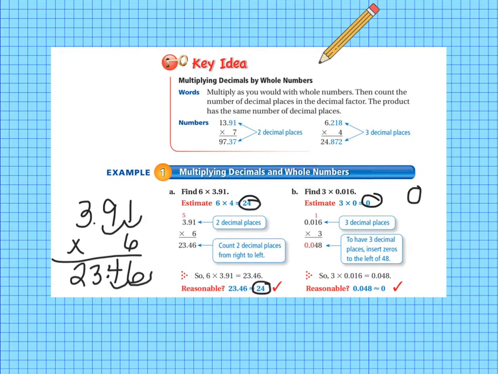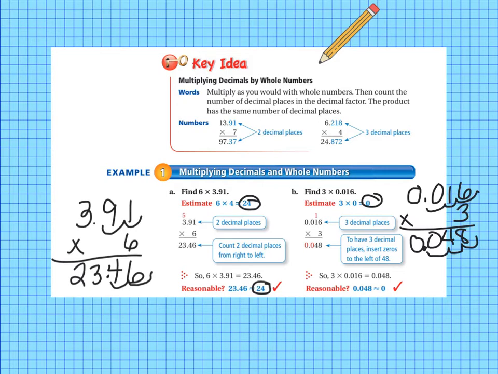So if we were doing this on the board in the classroom or on a piece of paper, it might look like this. We would get our 0.048, and we would go 1, 2, 3 swoops, and 1, 2, 3 swoops in the bottom.